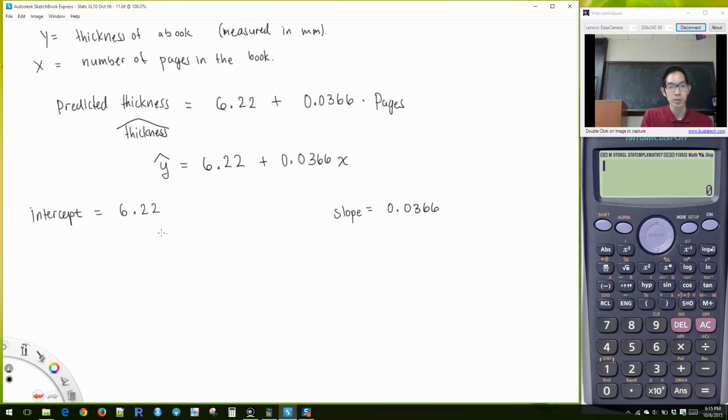Okay, so we'll talk about the interpretation of the slope. What does the slope mean? The angle of the line? Rate of change. Yeah, rate of change. Okay, so let's talk about this, right? What does the slope mean?